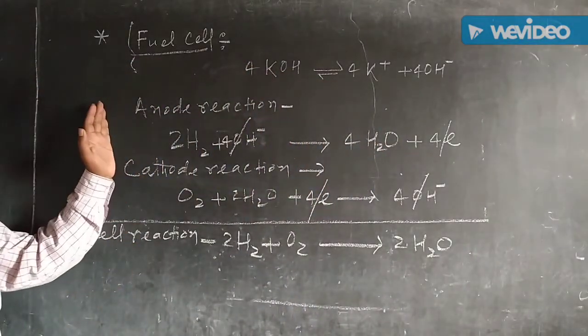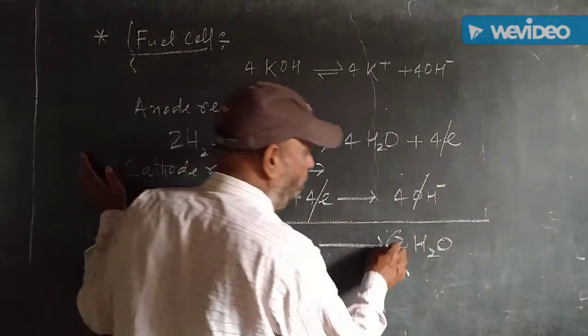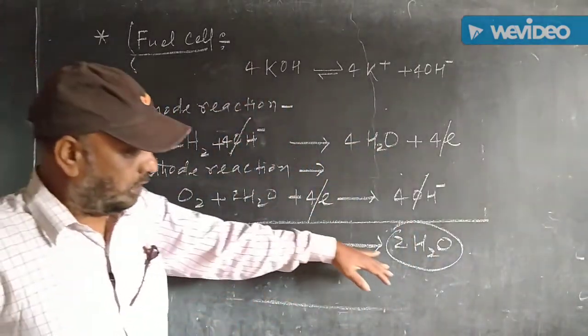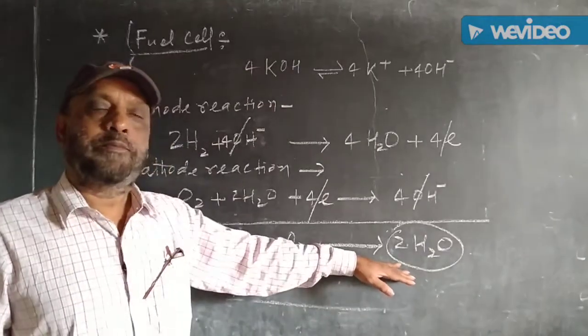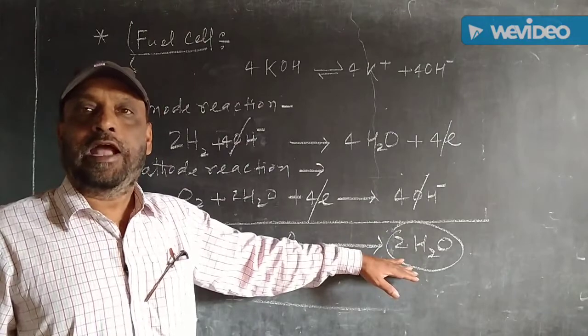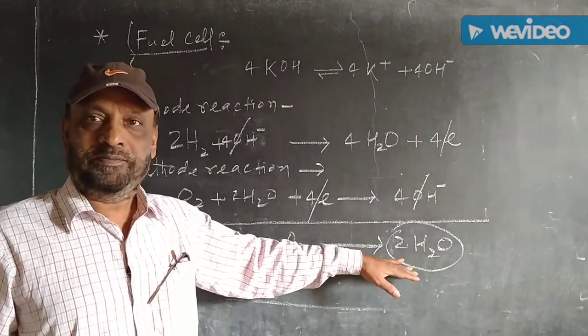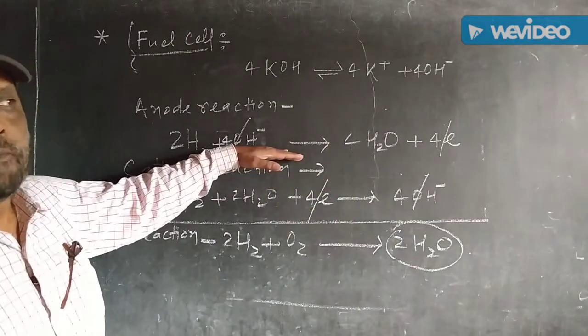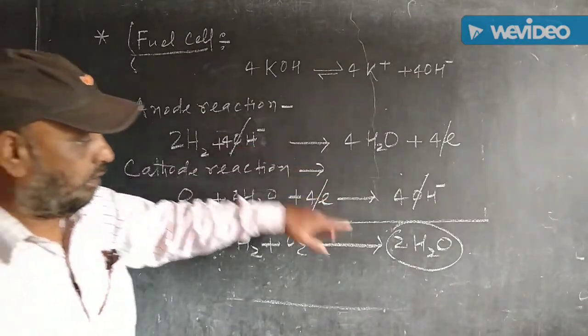In a fuel cell, water is also formed as a side product. It is a special type of chemical cell which gives electrical energy as well as water. This cell was first used in the Apollo satellite.